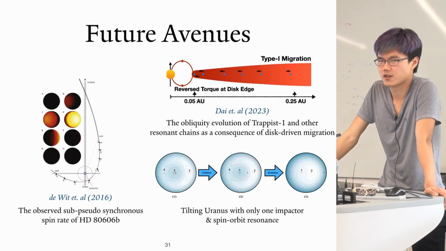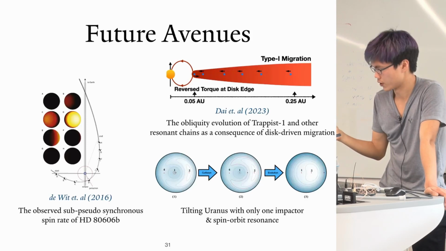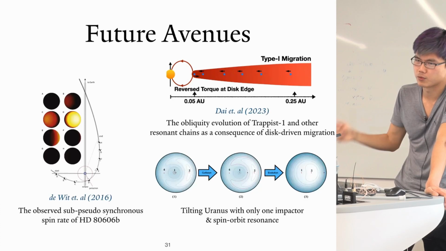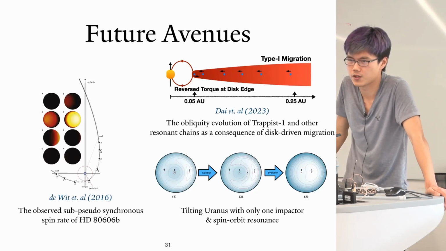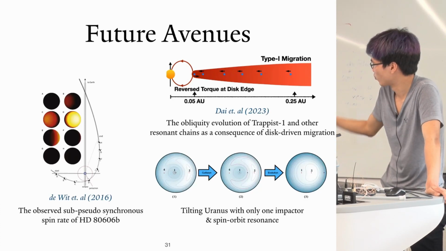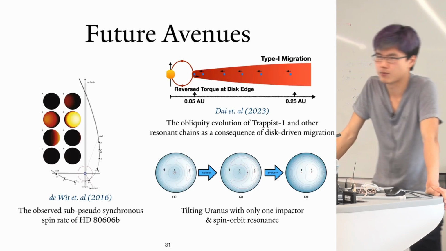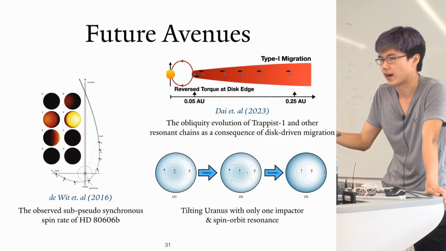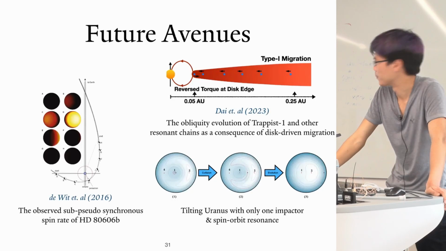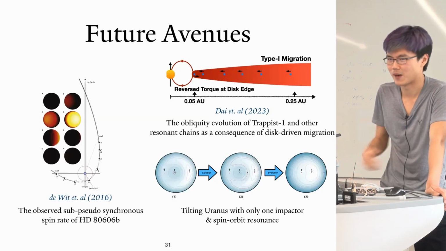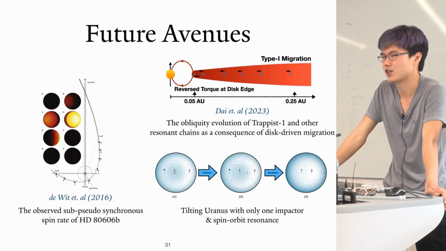Most of the literature for Uranus specifically has only been able to bring it to around 50 or 60 degrees. So what we're proposing here is a hybrid method that involves one impactor and spin-orbit resonance. That would take a while to get into, but I'm happy to talk about it after the talk if you're interested.